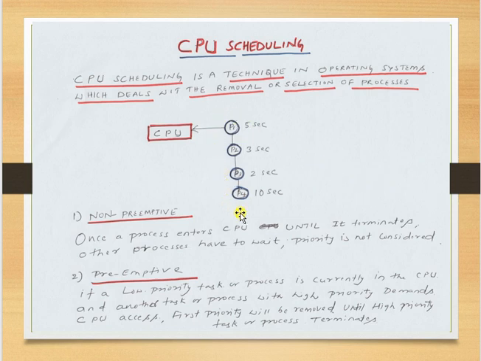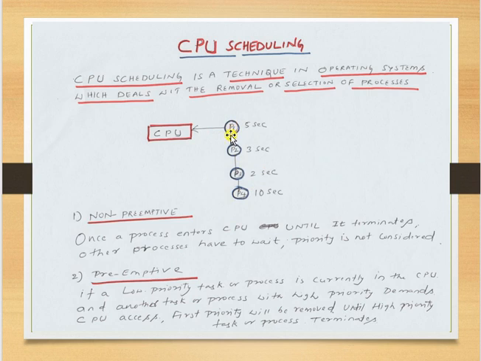Now you can see the examples which I have shown here: P1, P2, P3, P4. They are all processes which are in the pipeline or in the queue.